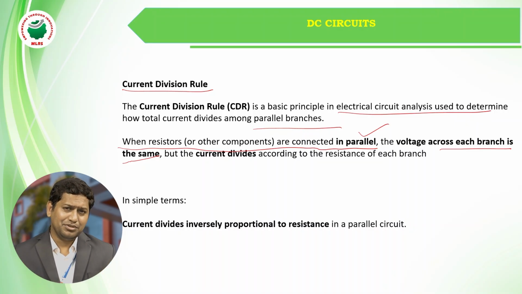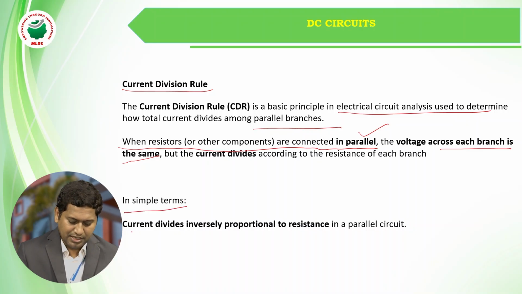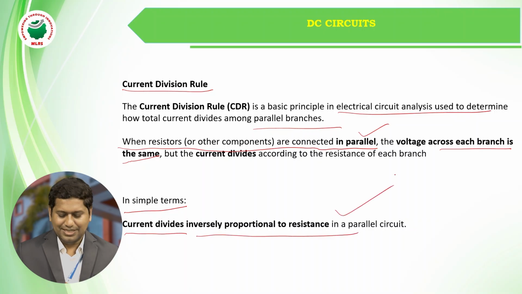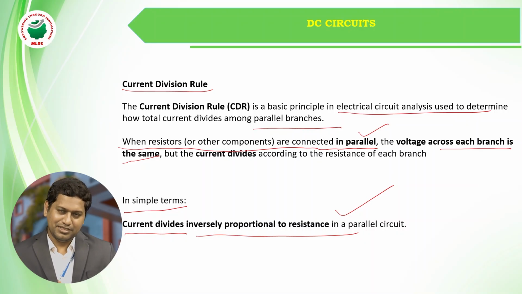So the current division rule is applicable in parallel connections. In simple terms, current divides inversely proportional to resistance in a parallel circuit, whereas the voltage division rule is for series circuits.